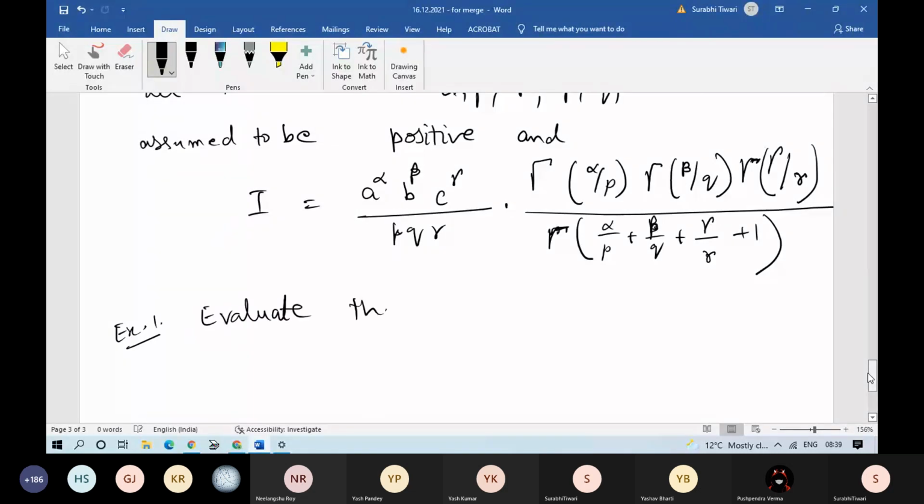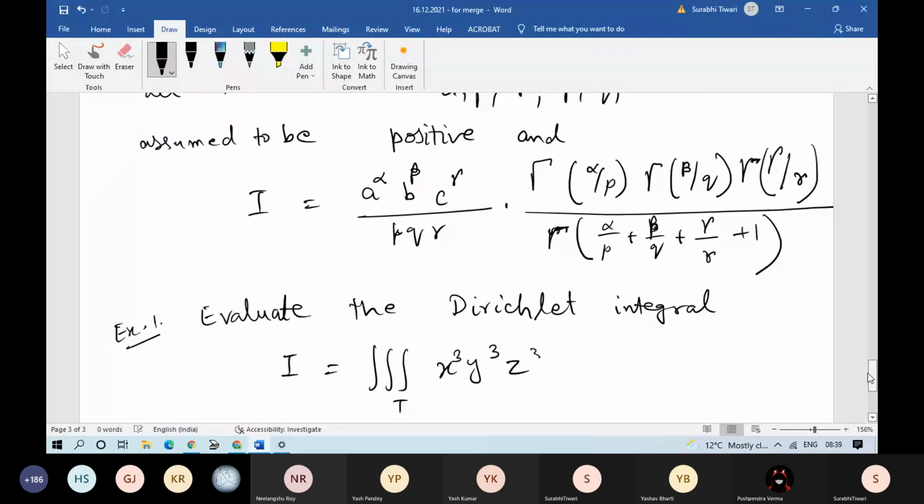Evaluate the Dirichlet integral I is equal to the integral of x cube y cube z cube dx dy dz.